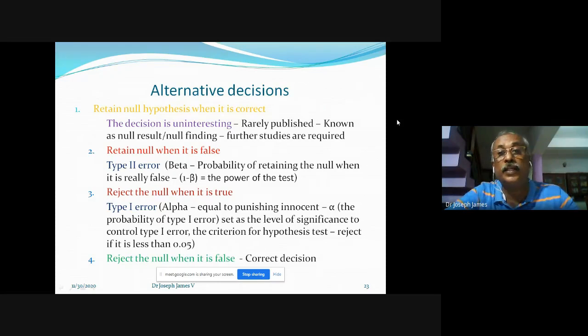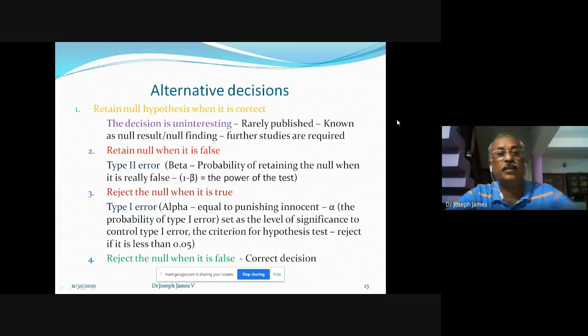But it is uninteresting because the researcher wants to reject the null hypothesis, but had to retain it. The researcher's intended result is not obtained, and therefore such a result is usually not published, or only rarely published after verification and re-verification.